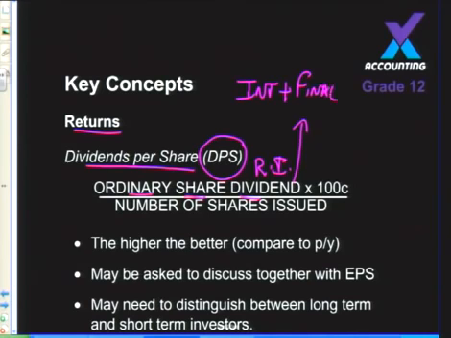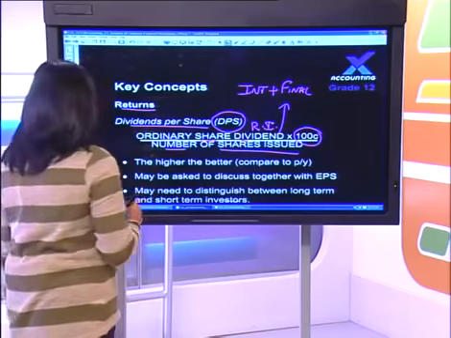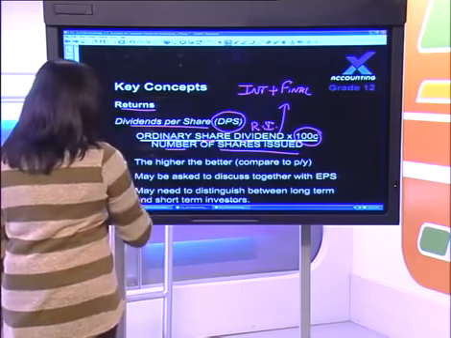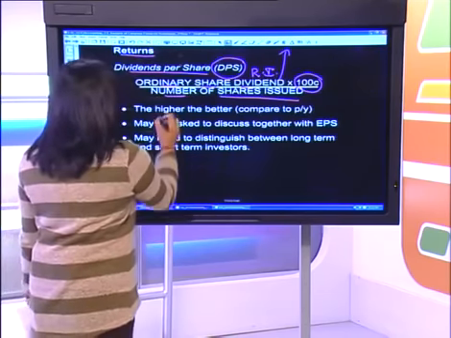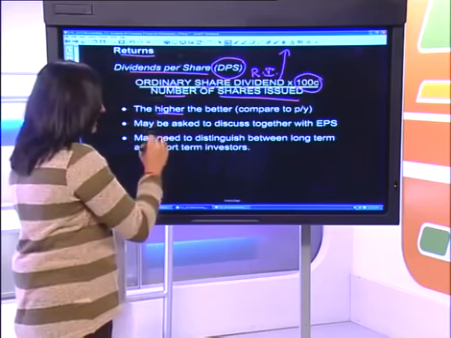And that gives me my ordinary share dividends. If you're not given the retained income note, divide again by the number of shares issued, and again, if you want your answer in cents, you're going to multiply by 100. Right, like I mentioned for the last ratio, again, guys, the higher the ratio, the better.